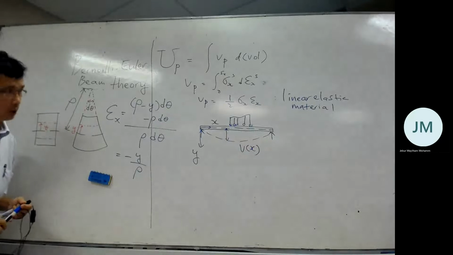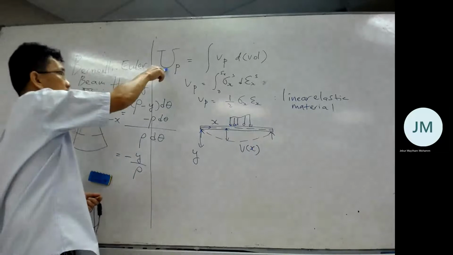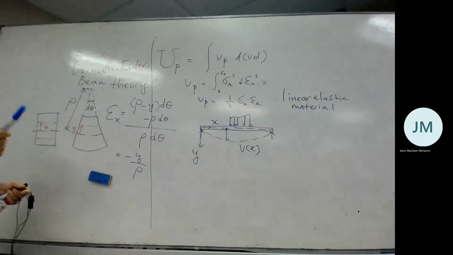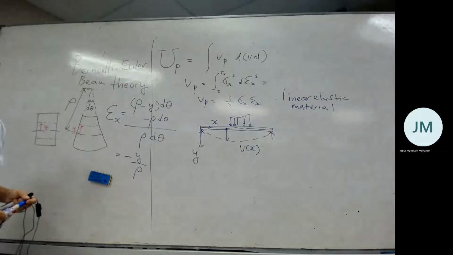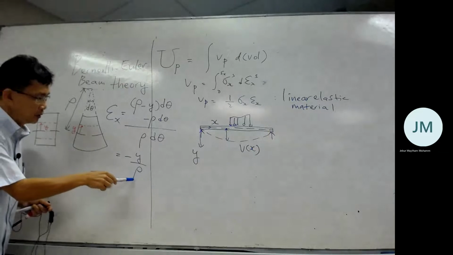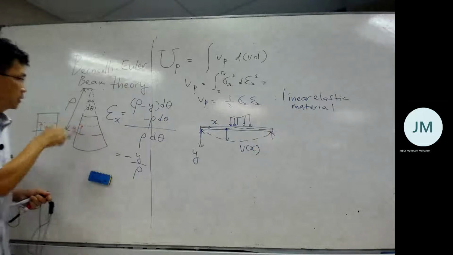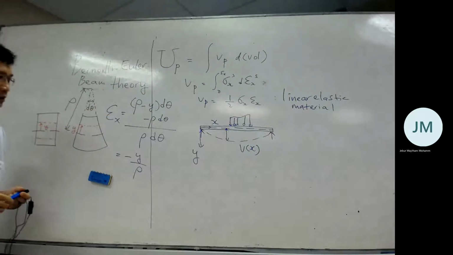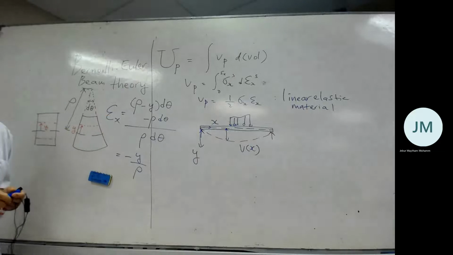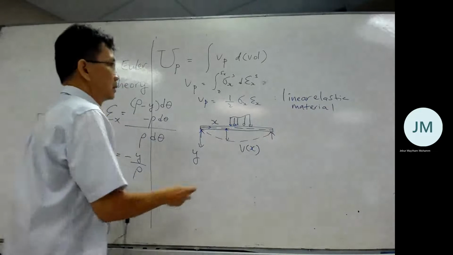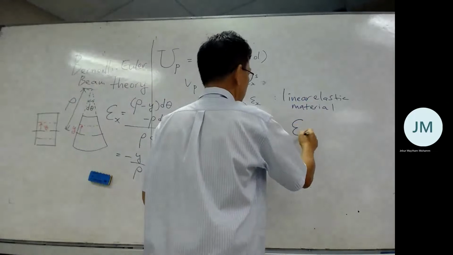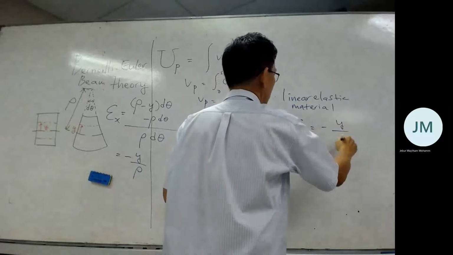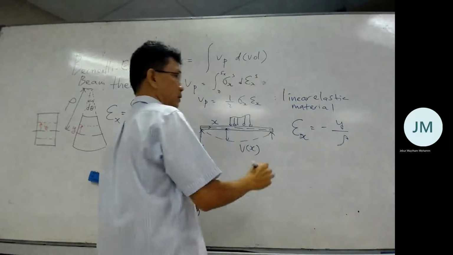When we want to get the strain energy, we want to get it in terms of displacement, same as what we have done for the case of bar. So now we want to relate this rho, the radius of curvature, to V. Now I write down the strain is equal to negative y over rho, where rho is the radius of curvature.